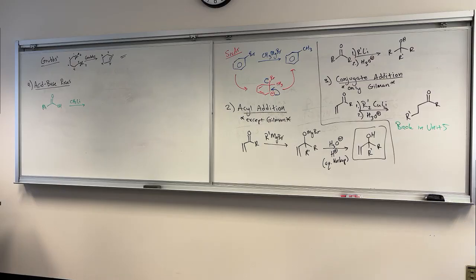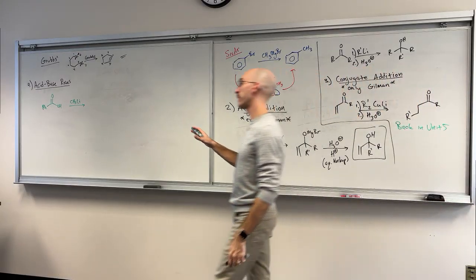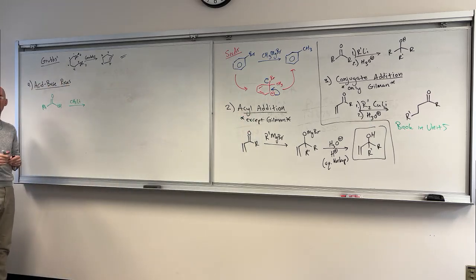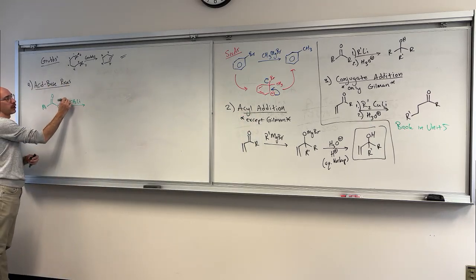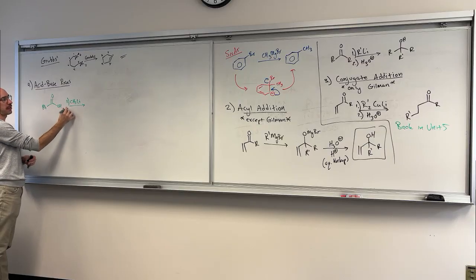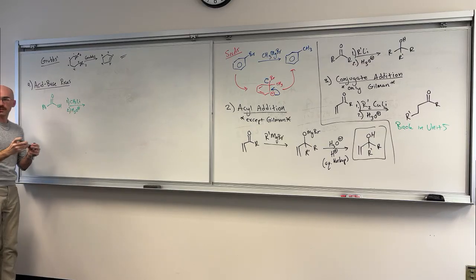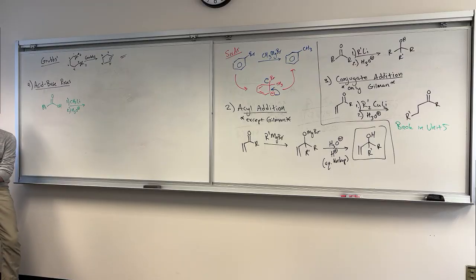Benzoic acid reacts with methyl lithium. This should make you think of acyl addition, because I have an acyl group. So I'm going to put first methyl lithium, and I'm going to follow this with an aqueous workup in the hopes that I get an alcohol, right?